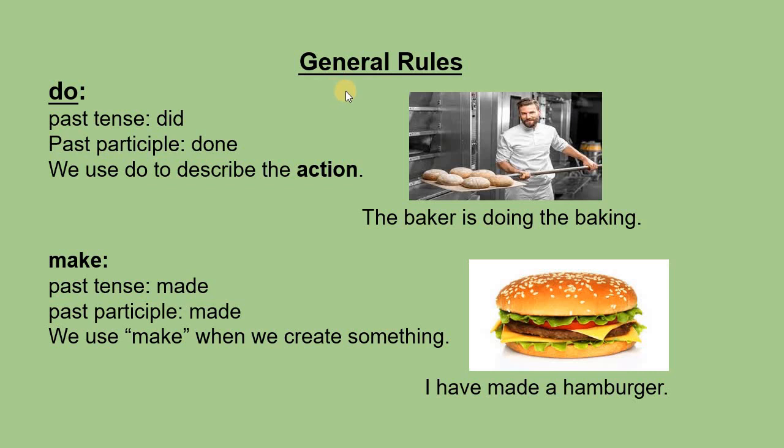First of all, let's look at the general rules. For the verb do, the past tense is did. So we say I did, you did, we did, they did, he did, she did.